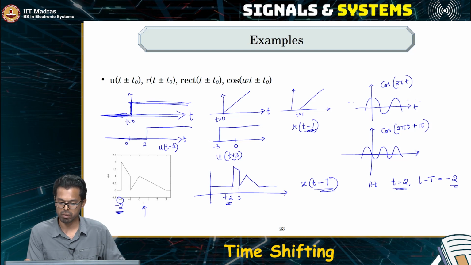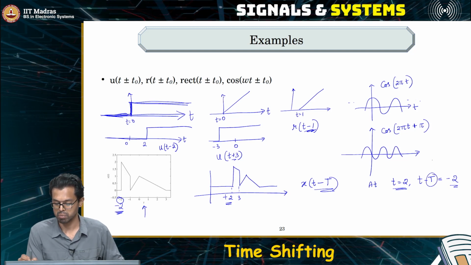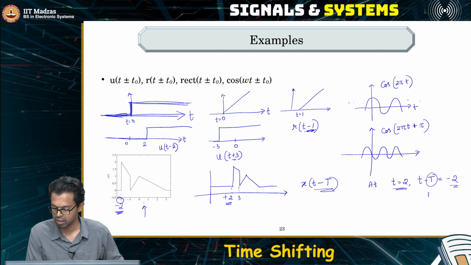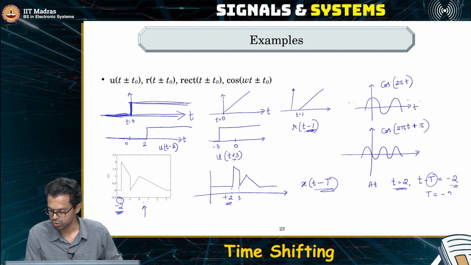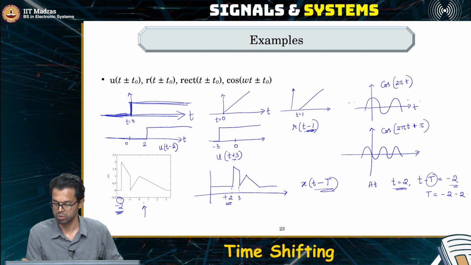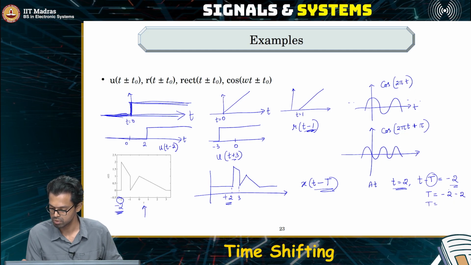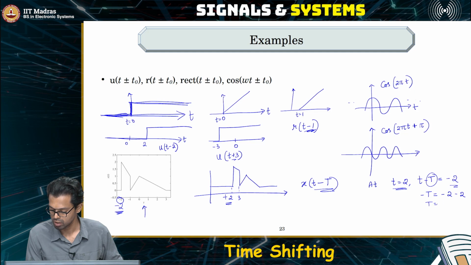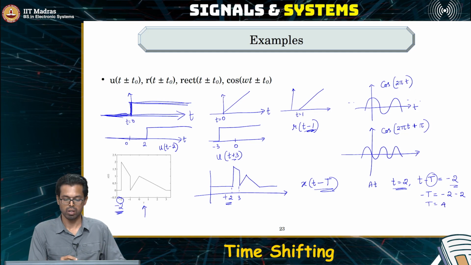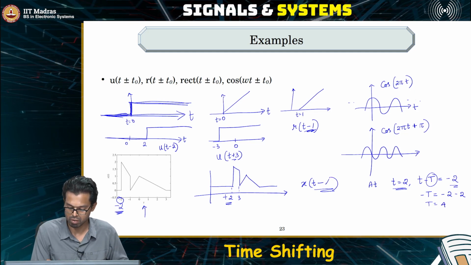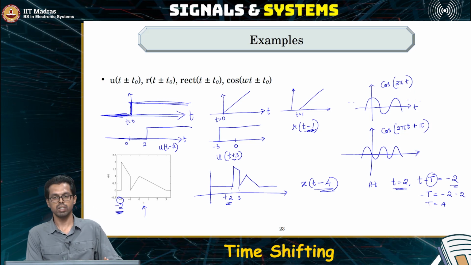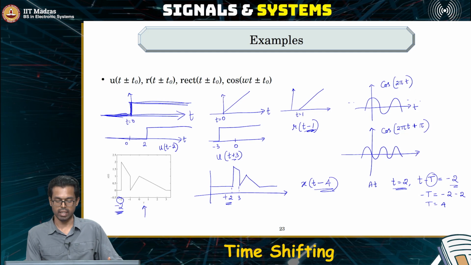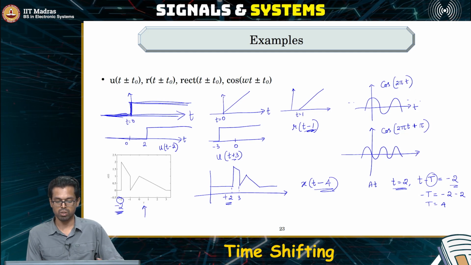Then what is the appropriate value of delay that we should add? From this equation, we can get that this capital T should be nothing but 2 minus (-2), which is equal to 4. So if we just plug in 4 here, we have effectively shifted the signal by 4 seconds. Whatever started at -2 now starts at +2.